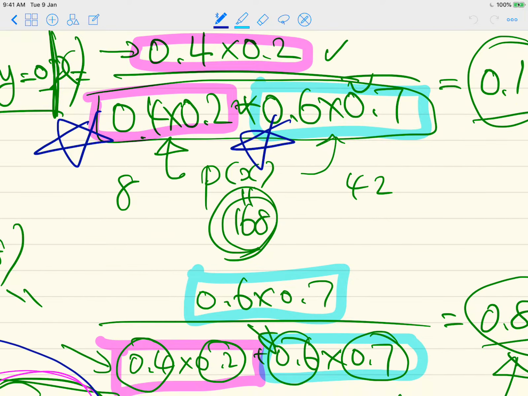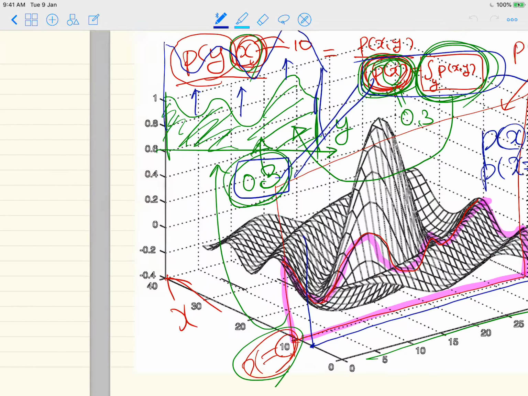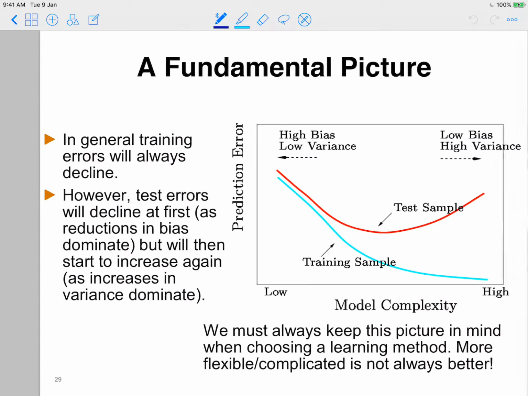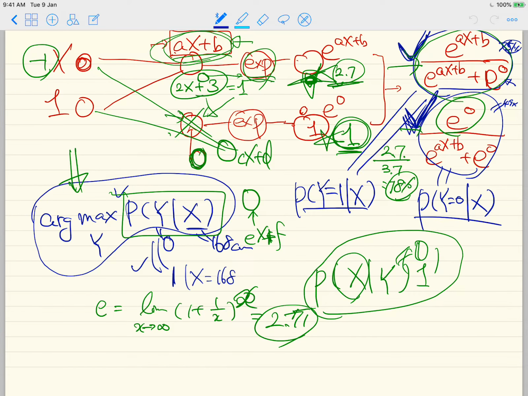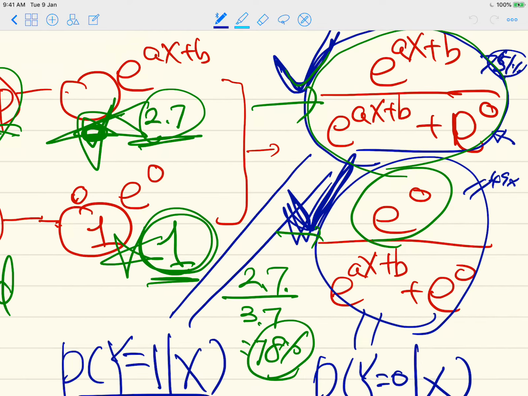Once we obtain the prior and likelihood and so on, it boils down to just comparing these two numbers, which are the two posterior probabilities. Which one is larger than the other?